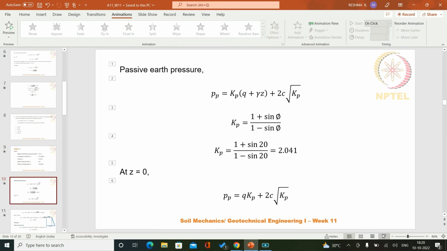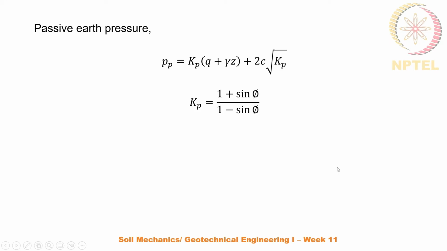Substituting, we have Kp is equal to 2.041. So that is the value for coefficient of passive earth pressure.